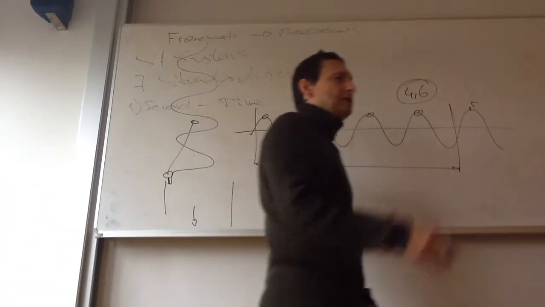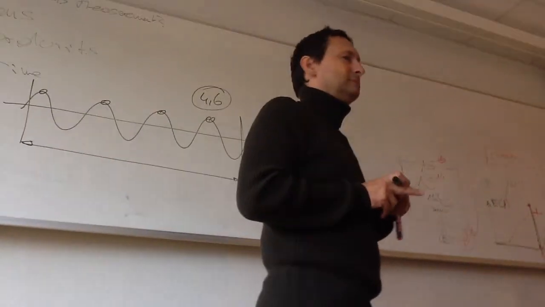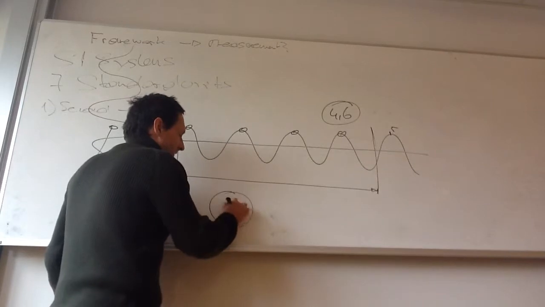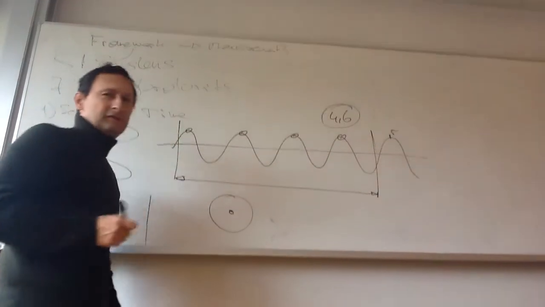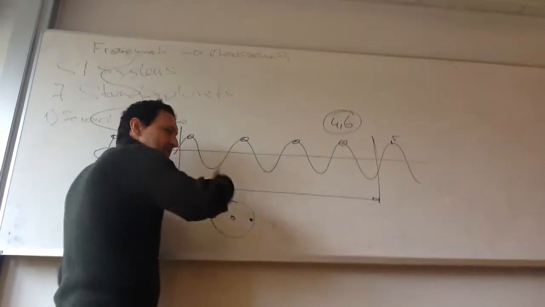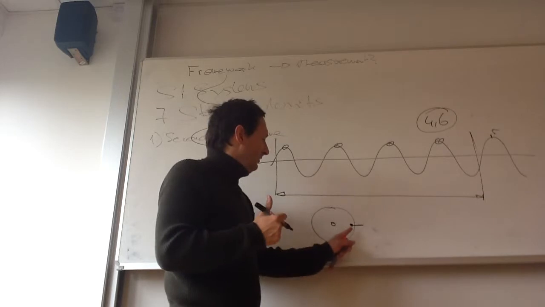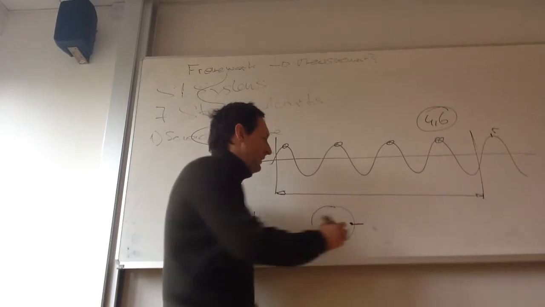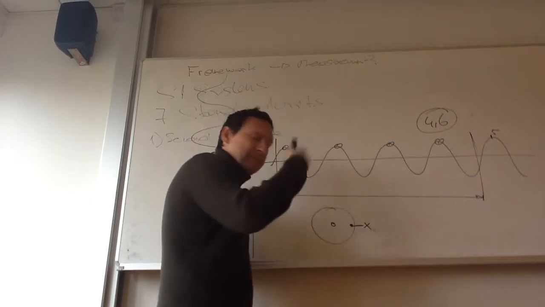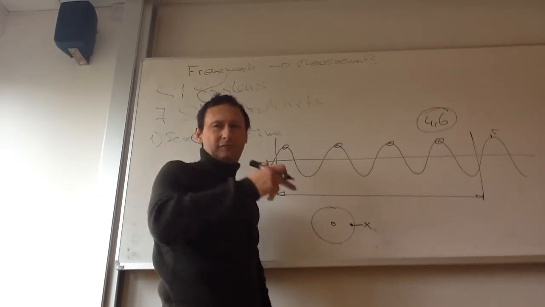And hertz is 1 full excursion per second. So maybe if you have the tire on your car, you mark 1 point, and this is rotating. In 1 second, you count how often this point will pass you. Then you know the frequency. The number of rotations per second is the frequency.